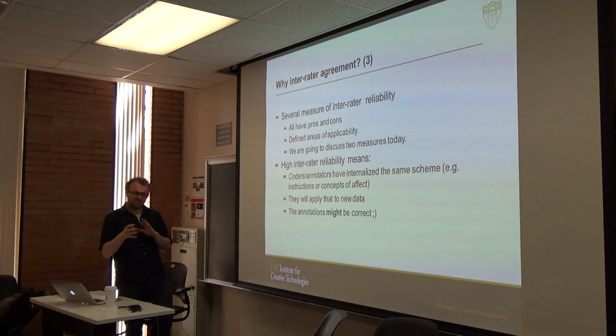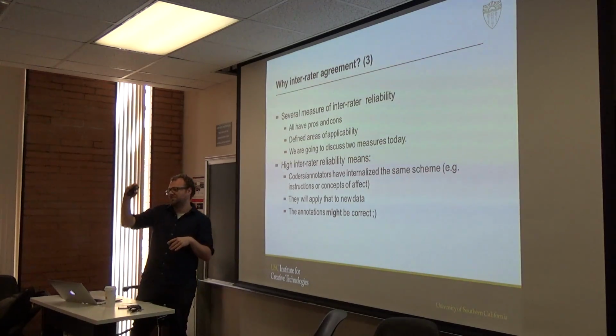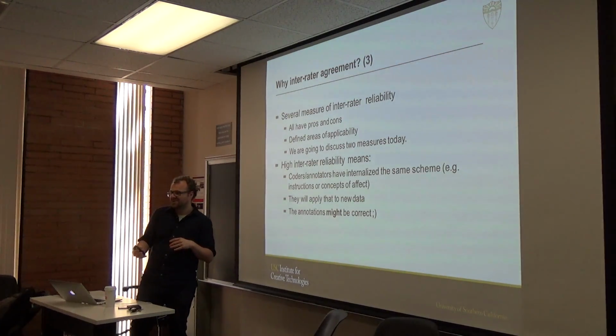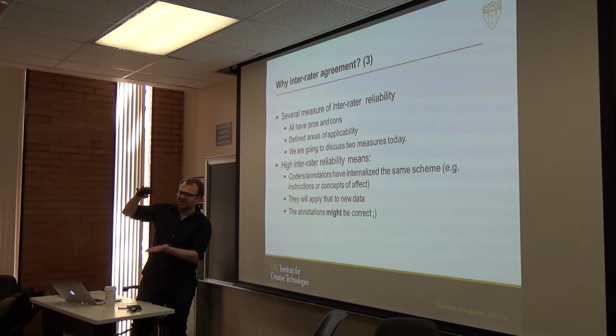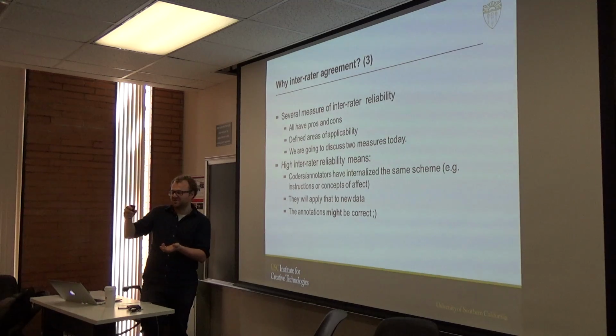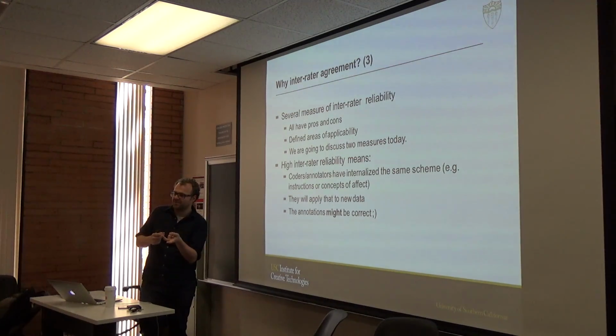One of them is really cool because it allows you to have 15 coders and evaluate every coder together. Some measures only give you access to 2 coders at a time.